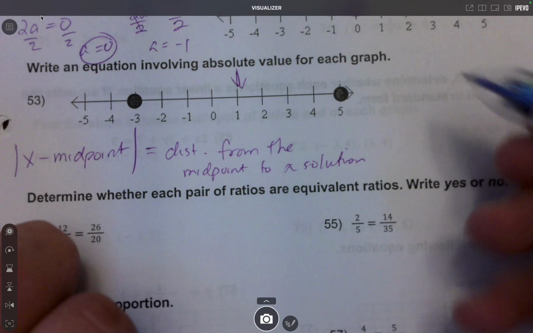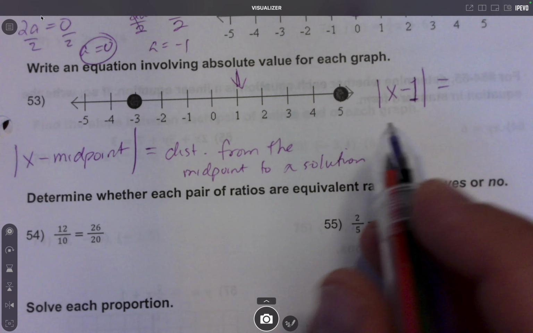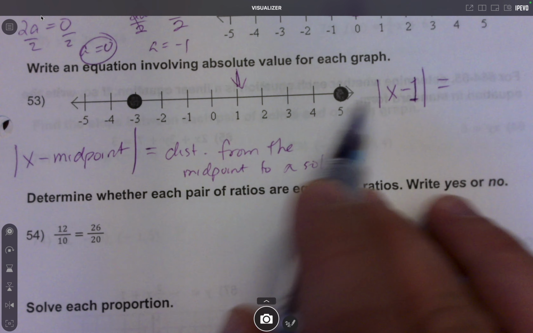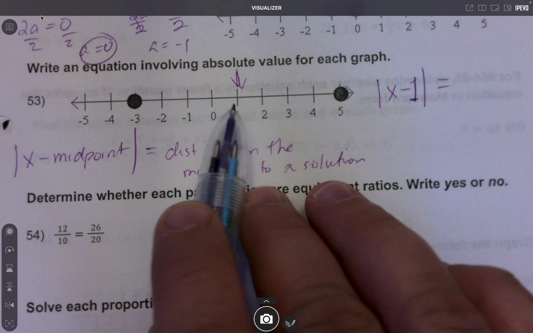So I'll do the absolute value of x minus 1 is equal to, and then you can do the distance from the midpoint to either of them. Just make sure you make it a positive distance. So I always just go positive direction. From 1 to 5, that's a distance of 4. So that would be the answer.